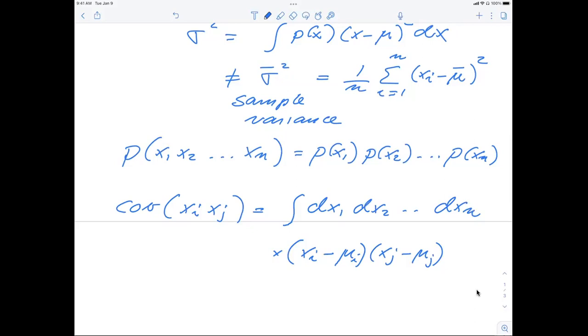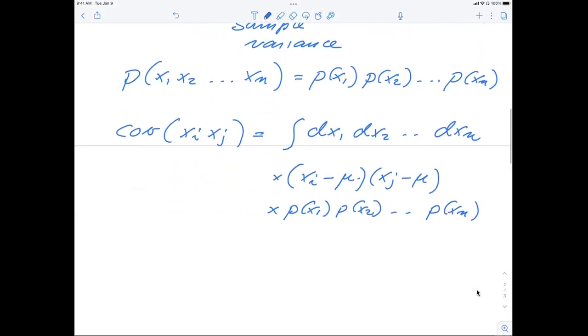But now we are going simply to assume that this quantity is the same for both events xi and xj. So we're assuming that these are independent and identically distributed. And this is again multiplied now with the probabilities p of x1, p of x2, and up to p of xn.